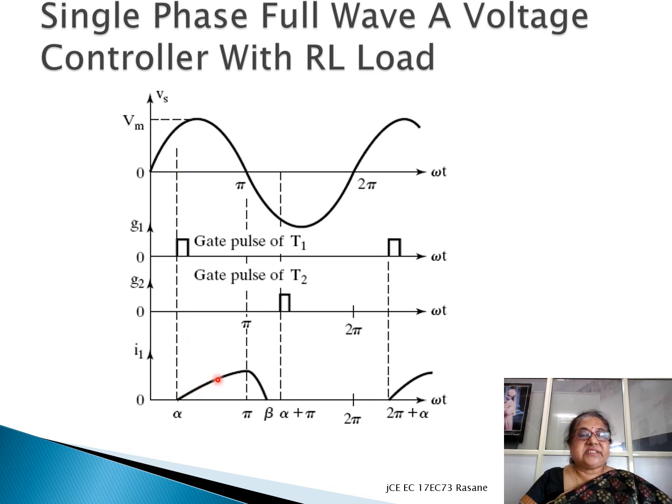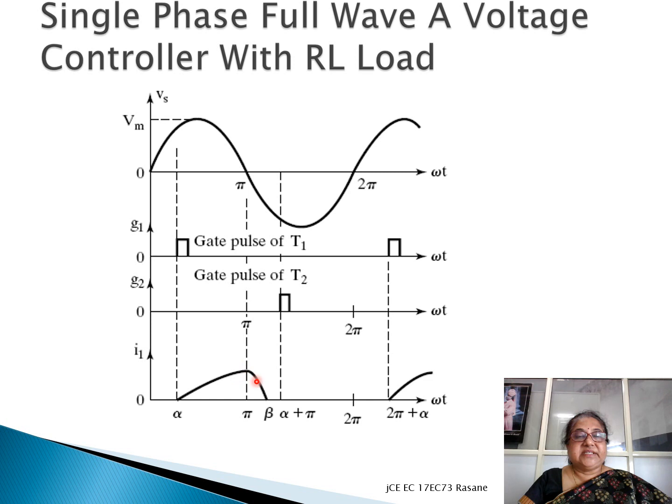At pi the input is going to reverse, and as seen in the resistive load, the current should stop at pi, but it does not happen in the case of an RL load. The current will continue to flow in the positive direction because the thyristor always conducts in one direction only. This is because of the inductance in the load.